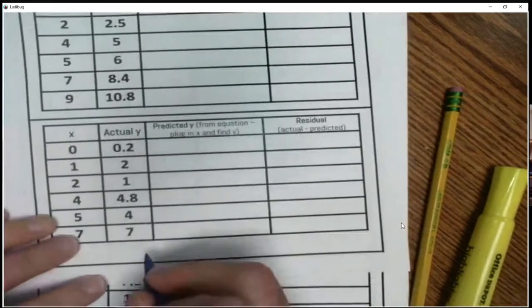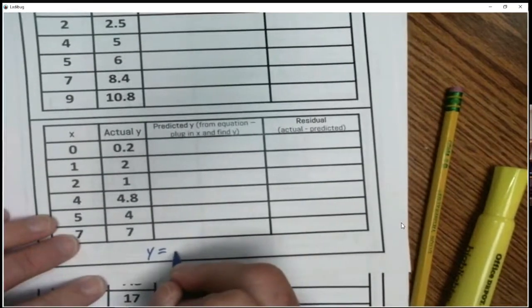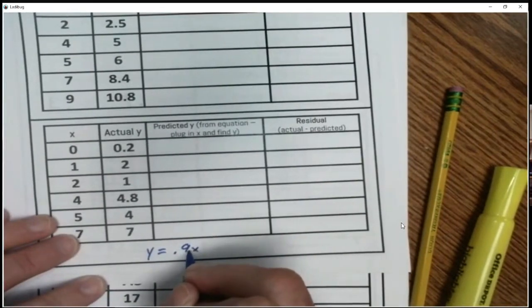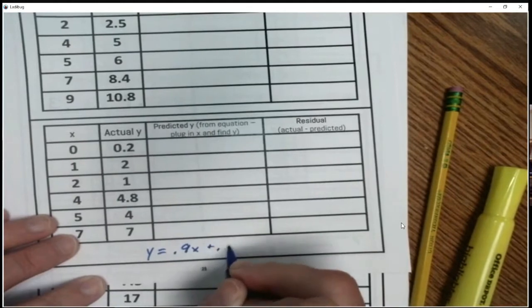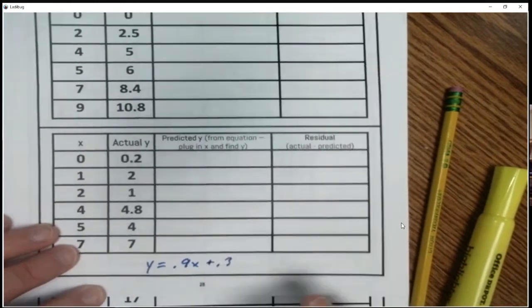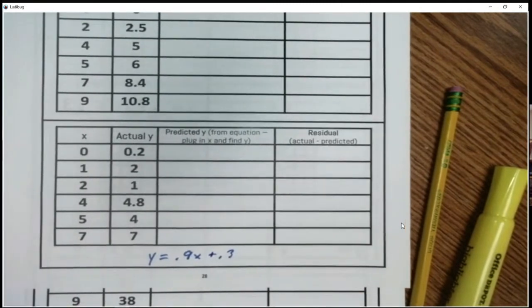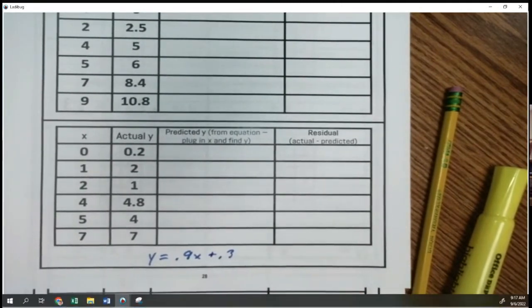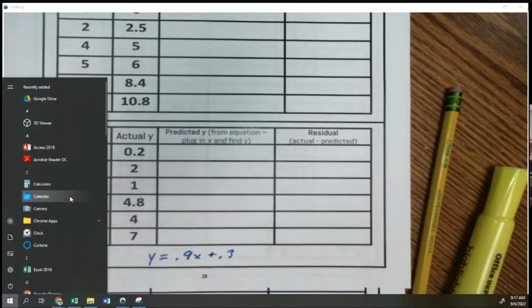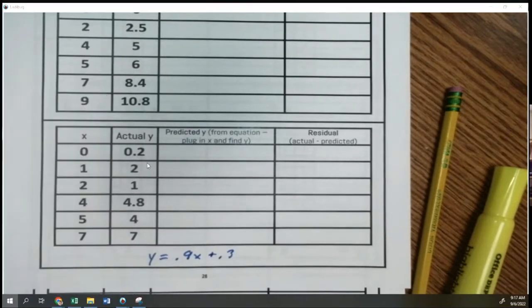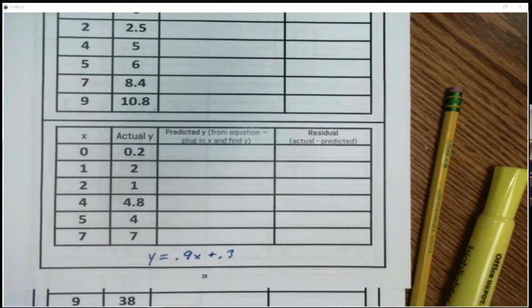And our equation was y equals 0.9x plus 0.3. All right, so we need to plug in the values we have right there. I'll put a calculator up here so we can make sure we get this accurate.